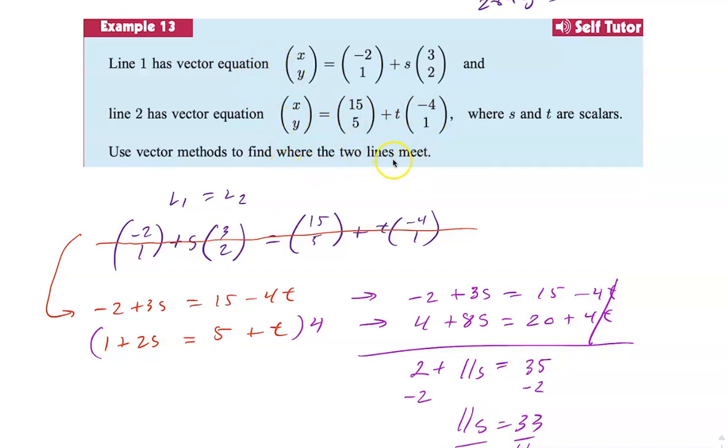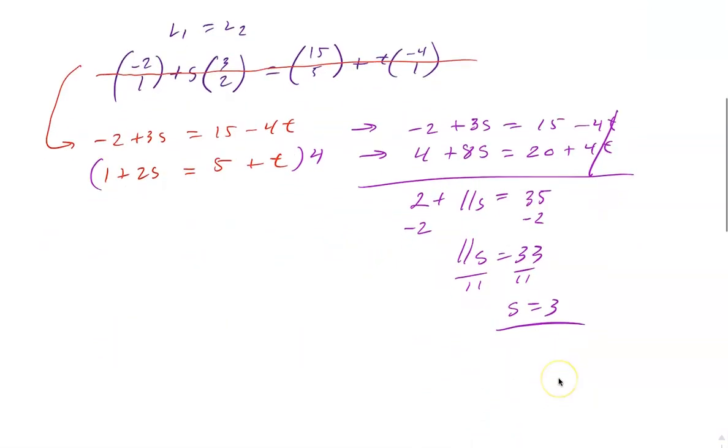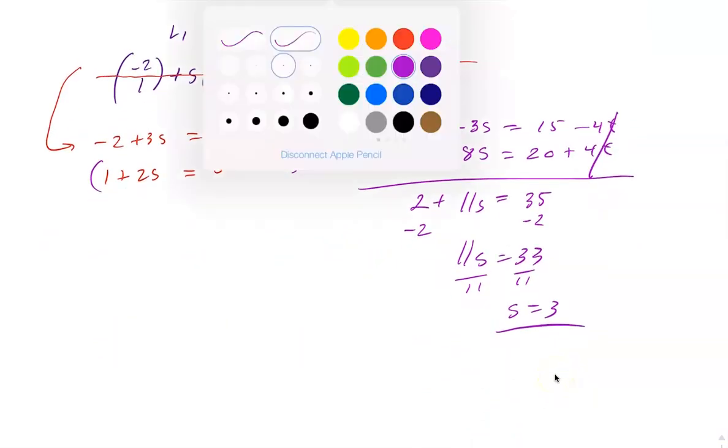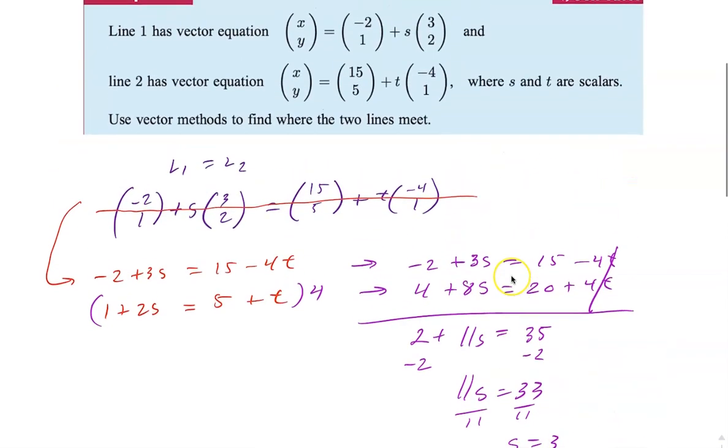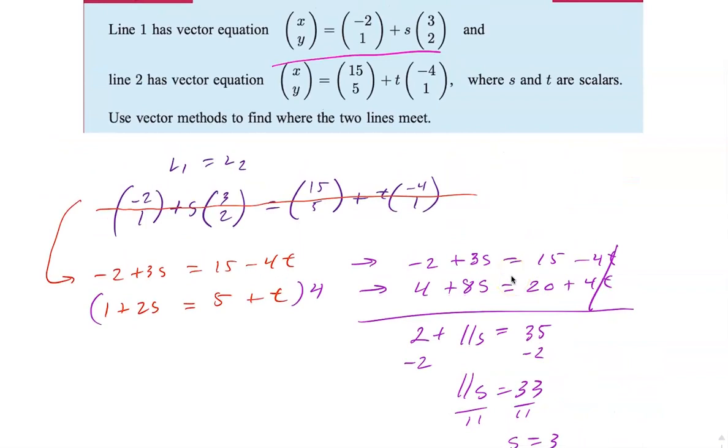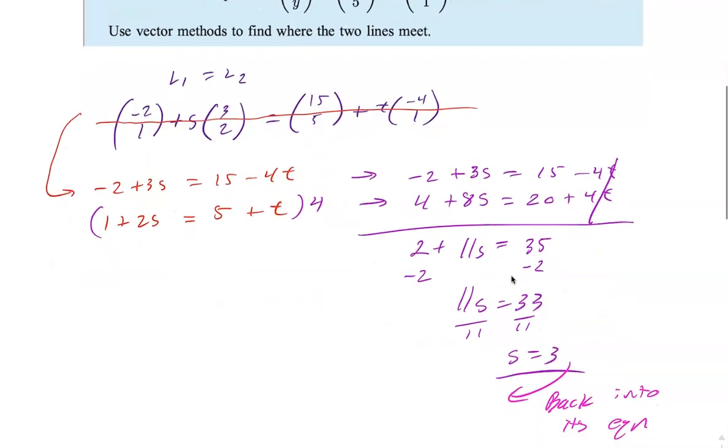So it's a point. So what you do here is once you find one, you're almost good. All I have to do now is plug this back into its equation. Which one had s? s was line 1. So I plug it back into the line 1 equation to figure out what point they met at.